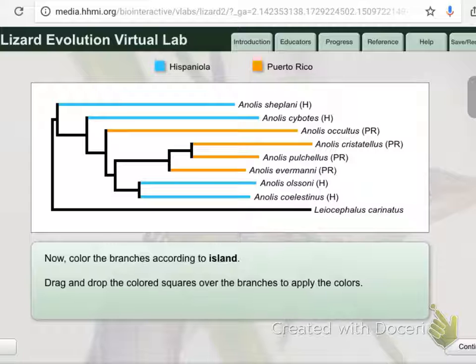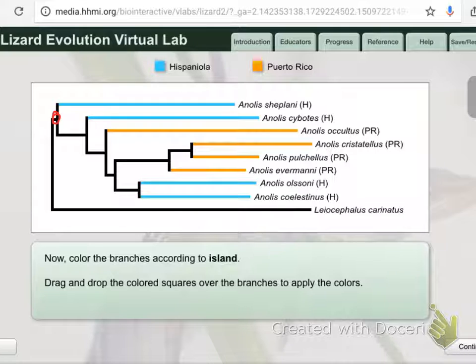What patterns do you see there? Yeah, it's a little bit different pattern, isn't it? Because it's like blue, blue, orange, orange, orange, blue, blue. Well, if we looked at more species, it's possible. They think this is all the species of anoles that exist on Hispaniola and Puerto Rico.